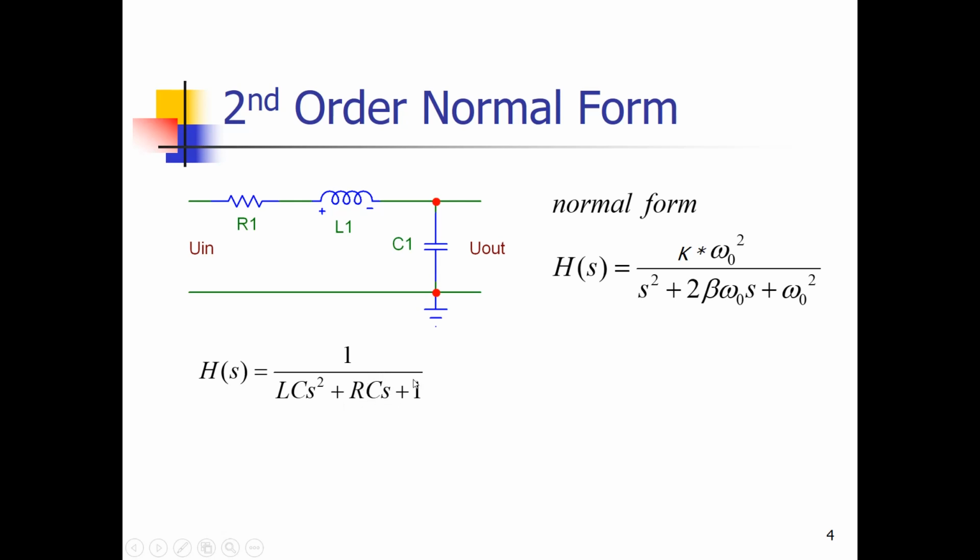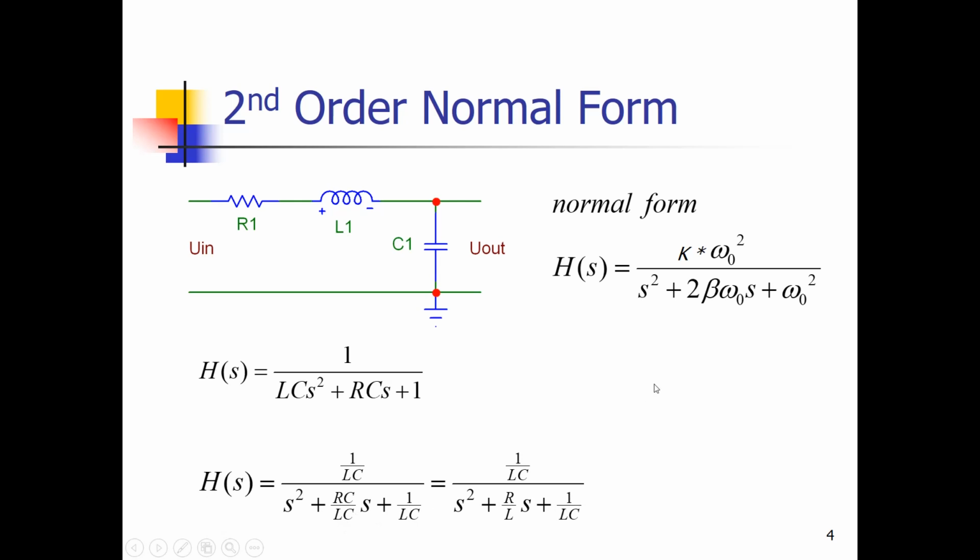And I should divide 1 over LC, and I should do it with the term in the numerator, so also this part will be 1 over LC. So I get 1 over LC, and in the denominator s squared plus RC divided by LC times s plus 1 over LC, which is equal to 1 over LC divided by s squared plus, this becomes R over L, so get rid of that C, times s plus 1 over LC.